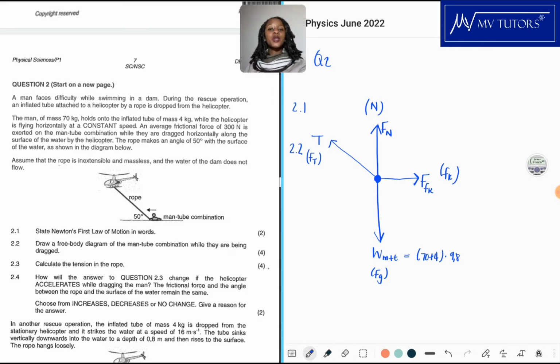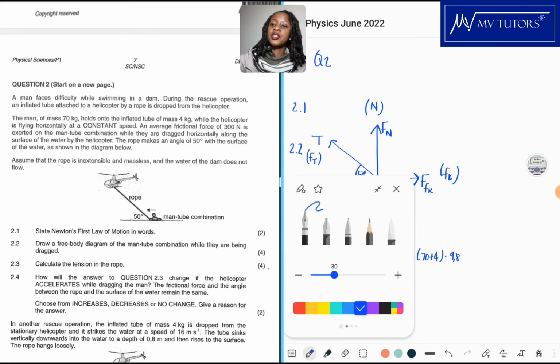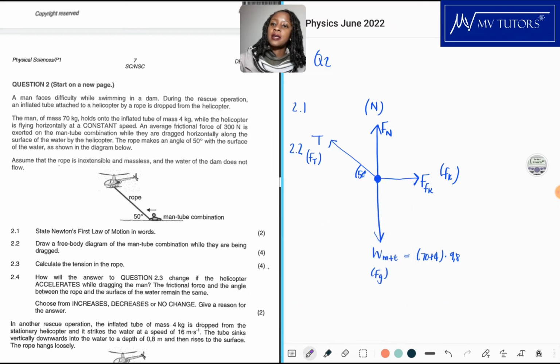What was I saying? In terms of the arrows, ideally you'd like to show that the force of friction is not really bigger than, if we were to resolve, so this is 50 degrees, right? If we were to resolve the tension force into its components, basically, what I'm putting in purple, I don't think you need to put when you draw the free body diagram.